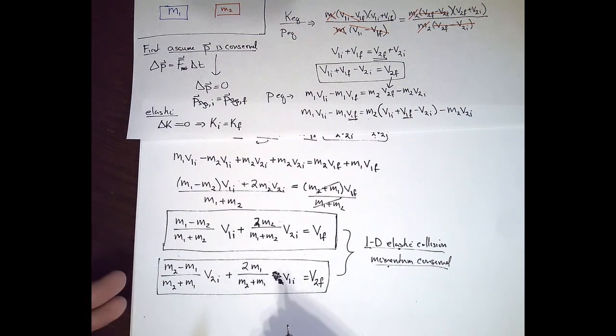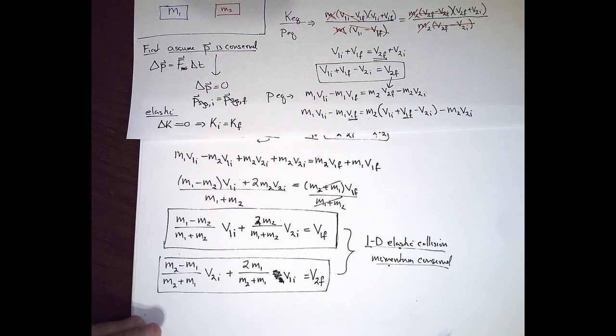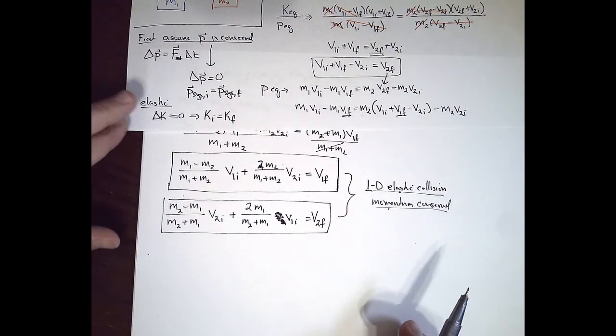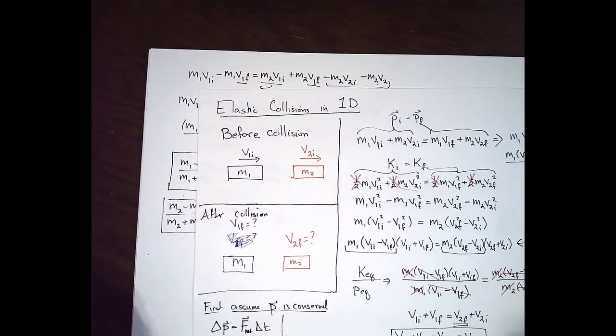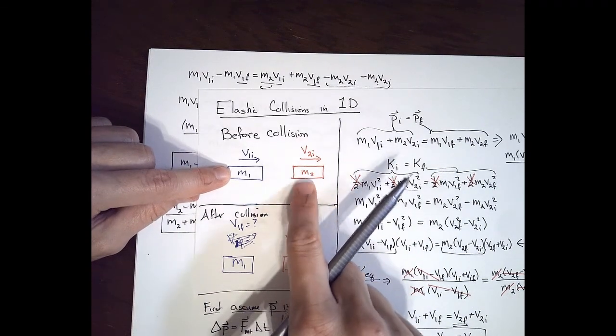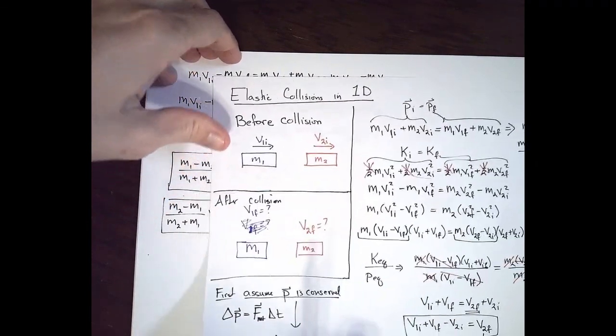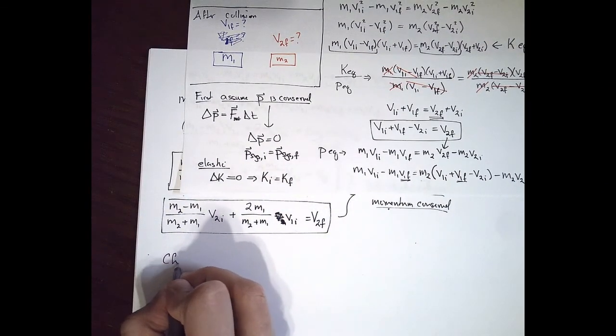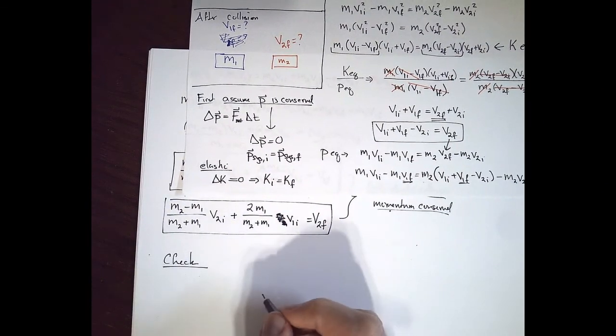But it was a lot of algebra, so let's double check that it's going to make sense in a couple of instances where we know the answer. So we just wrote down, this is true for any two masses at any old speed. We know what's going to happen where we have a situation, so we're going to check our answer.